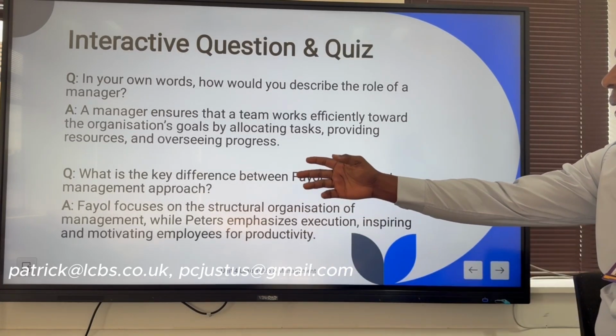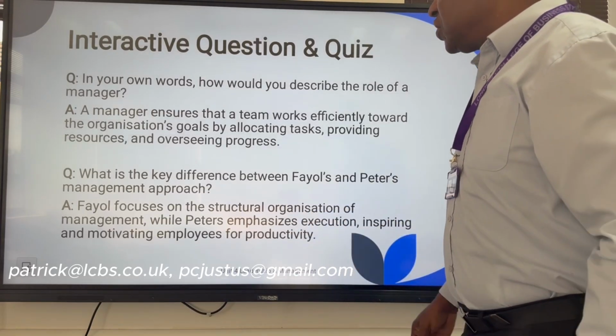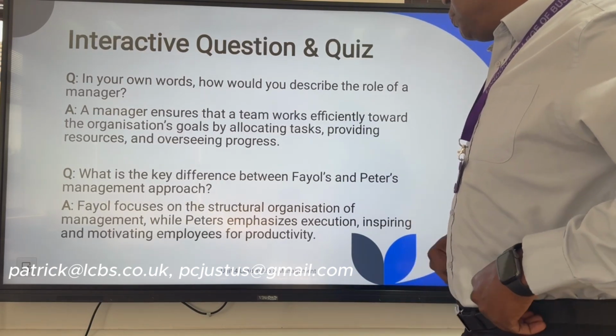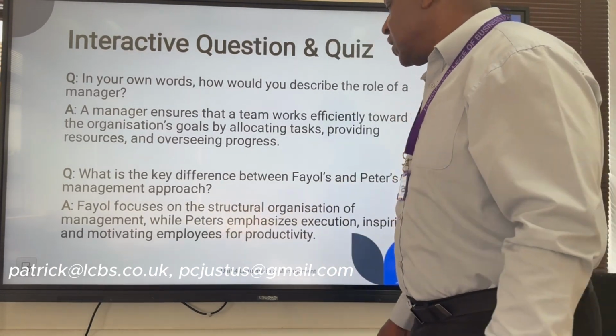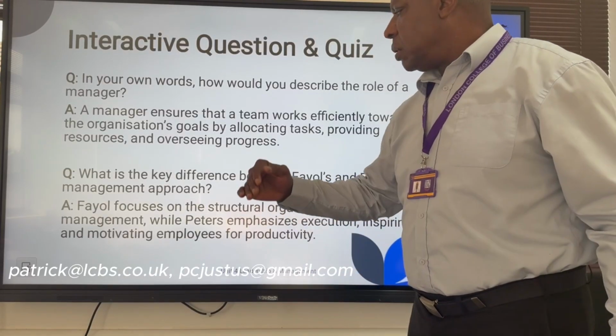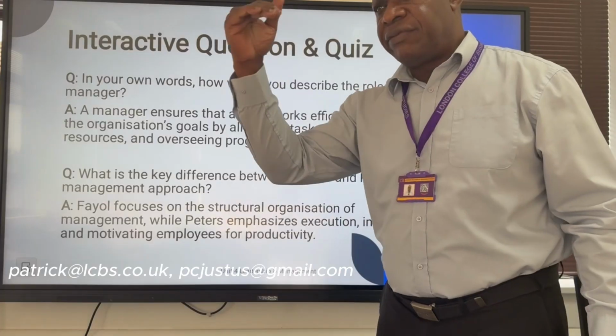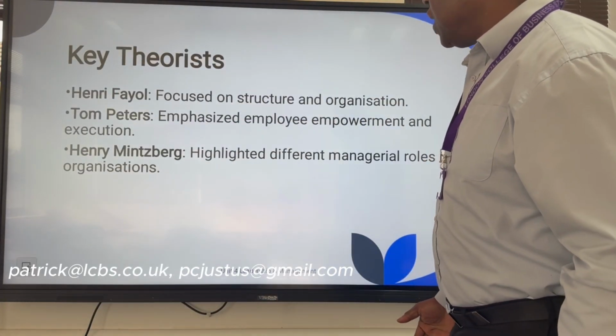And number 2, what is the key difference between Fayol and Peters' management approach? Fayol focuses on the structural organization of management, while Peters emphasizes the execution, inspiring and motivating people. The structural organization of management, you will find there are 5 of them, which you will see when we progress.